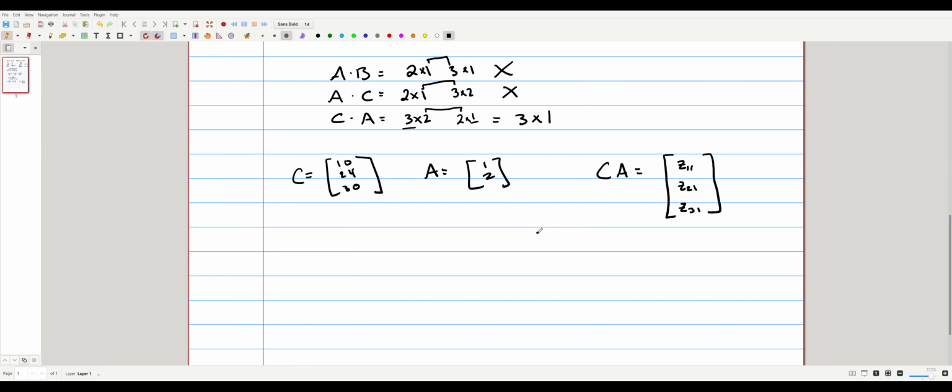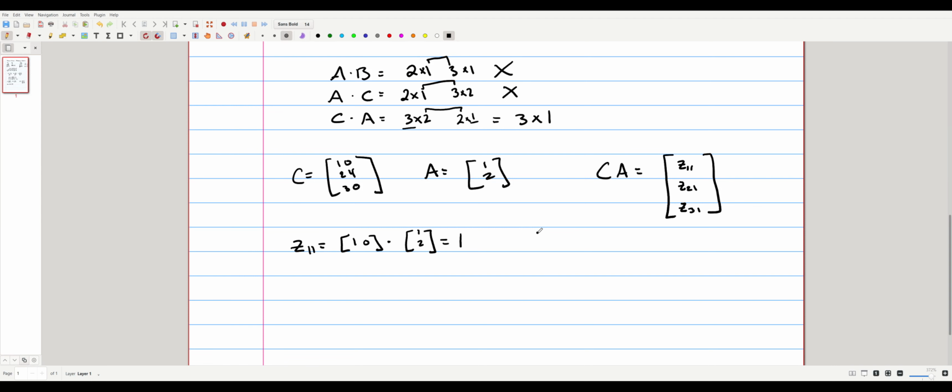So Z11 is actually the row 1, 0, and I'm going to multiply that to 1, 2. And so all you have to do here is 1 times 1, plus 0 times 2. So let me be more explicit about that.